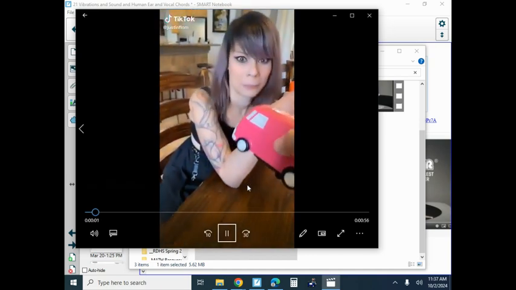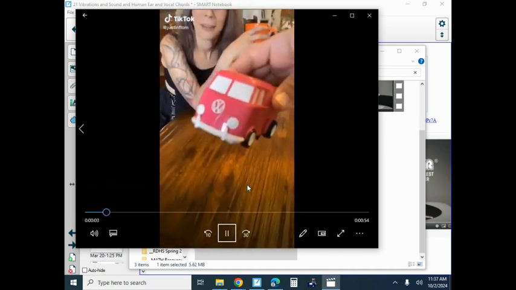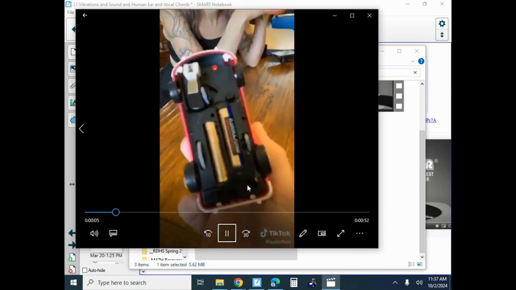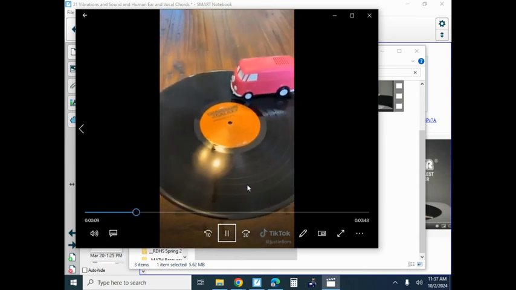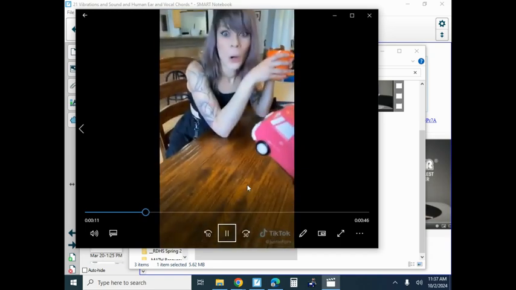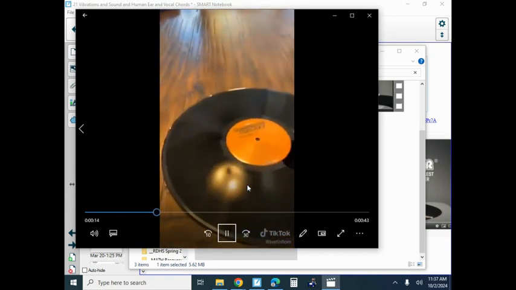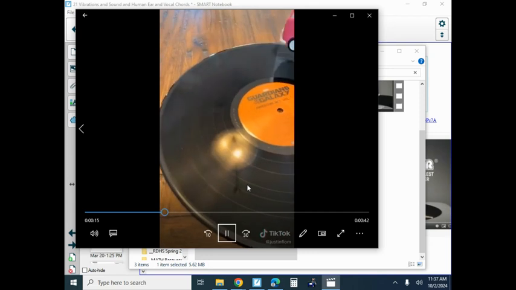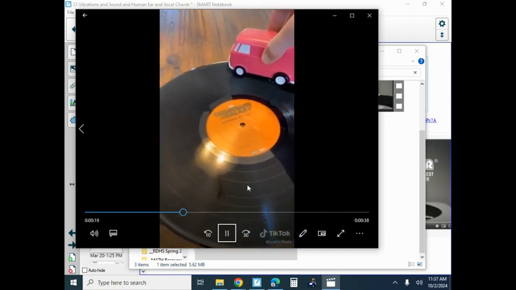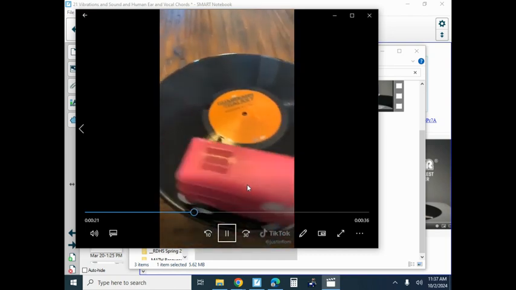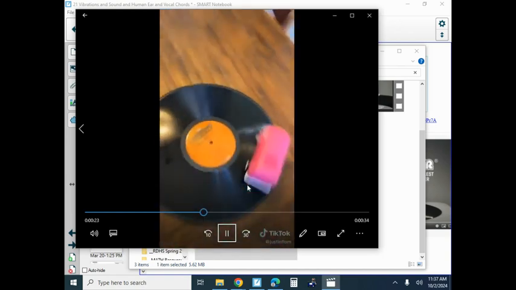Got a record player. Look at this. This is a record player, right? Well, there's a needle on the bottom. Okay, got a record, and this thing is going to drive. Okay, that's not right. Hang on, I messed it up. Hang on, I've got to make sure this is about here. Okay, about here. Wait a second.